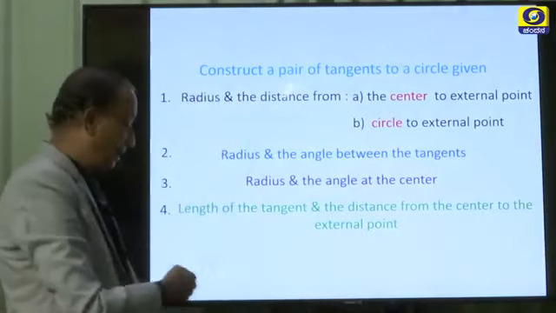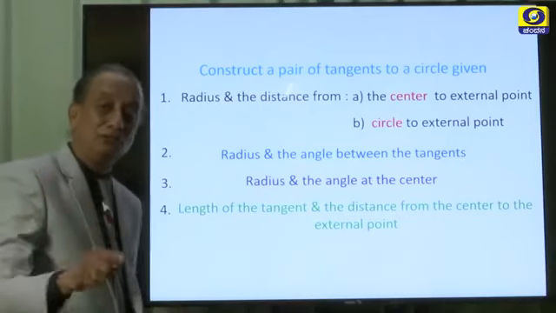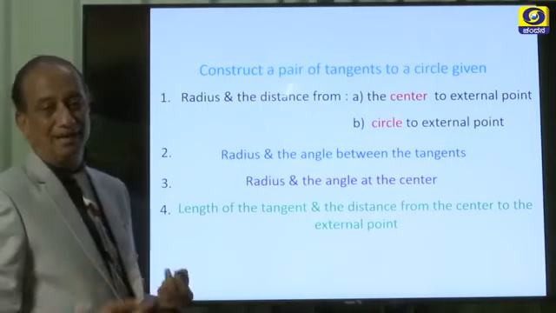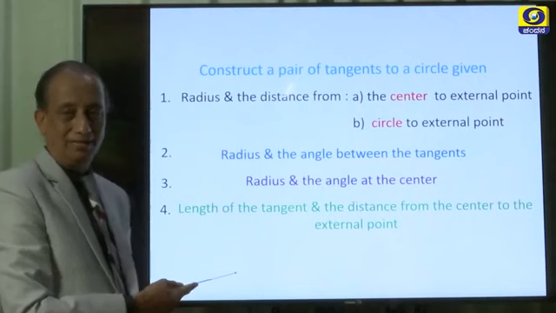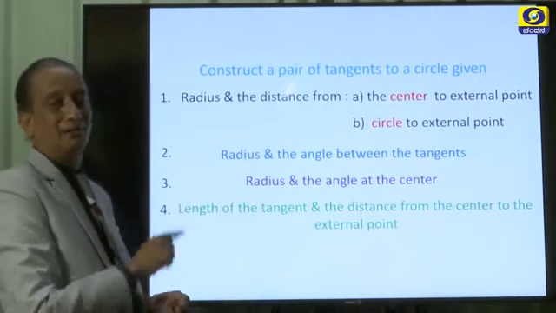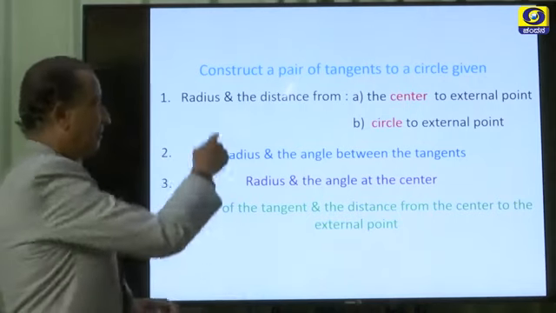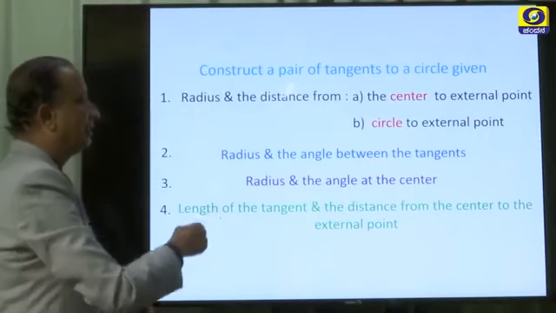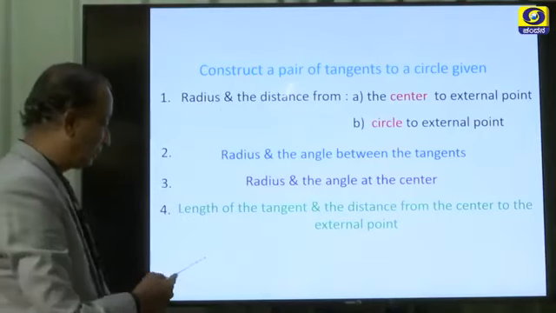So, in the fourth case, we need to find the length of the radius using the Pythagoras theorem, and then we have to start the construction. So, these are the 4 ways, children, in which you can think of this construction.